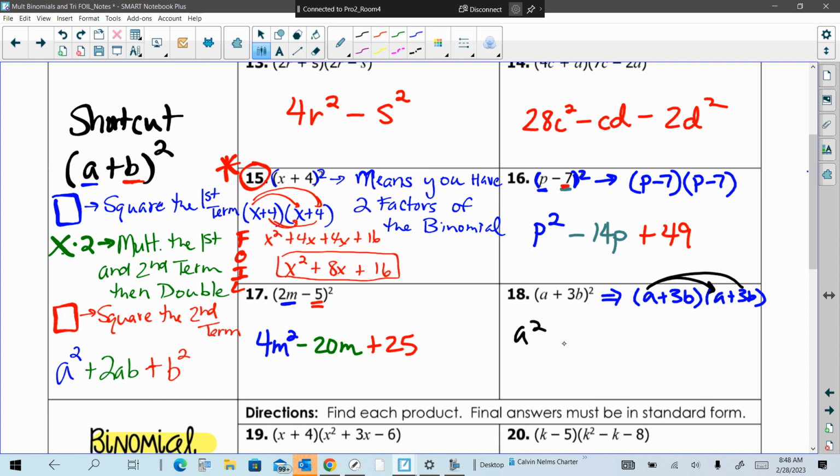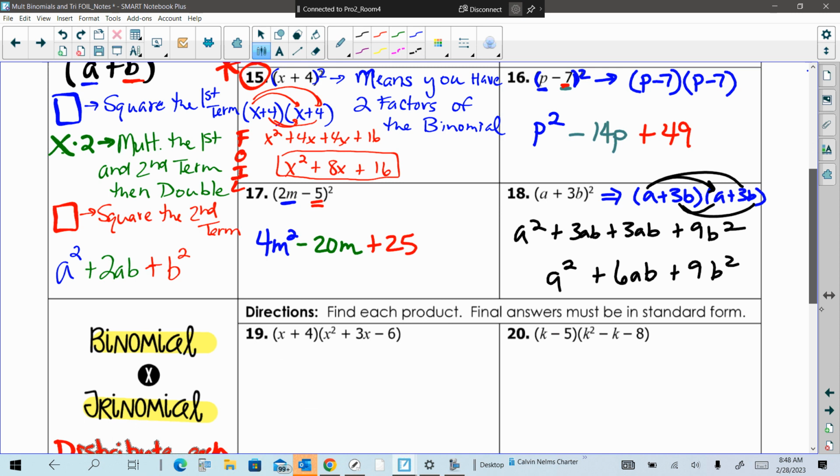Outer term, plus 3AB. Inner term, plus 3AB. Last term, plus 9B squared. So it gets you to the same answer. This ends up becoming A squared plus 6AB plus 9B squared. Okay.